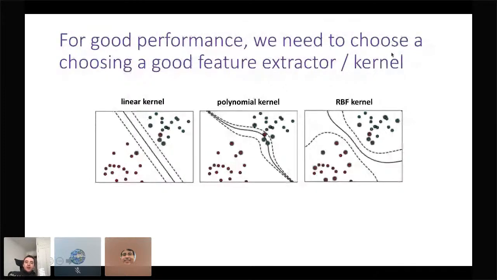In a support vector machine, the performance changes dramatically depending on our choice of kernel and how well it matches the data. A linear kernel gives a linear decision boundary, while a polynomial or RBF kernel gives different shapes for that boundary, and these choices are suitable for different types of data.